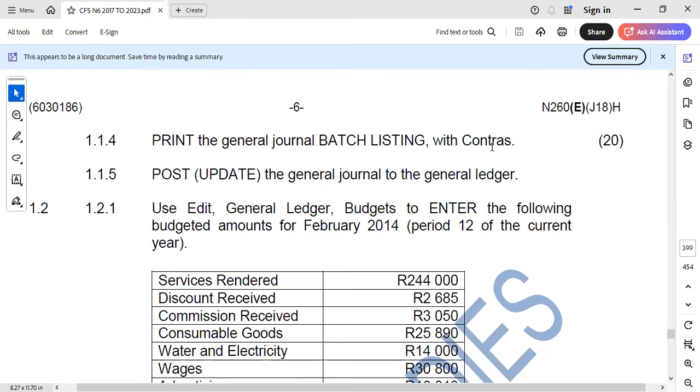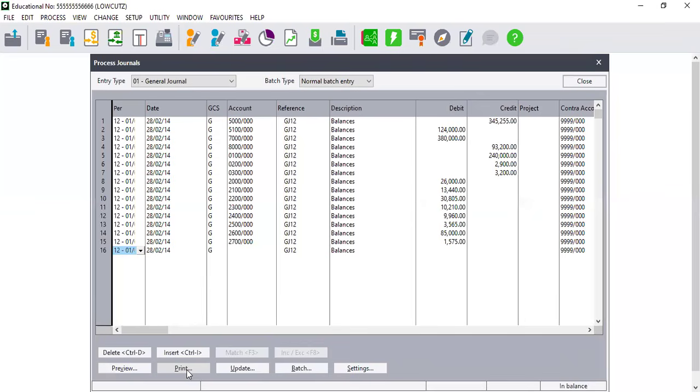Now, how are we going to do that? Okay, let me just go there. So you are going to print with contra, you understand? Then you'll get your 20 marks just for doing this.